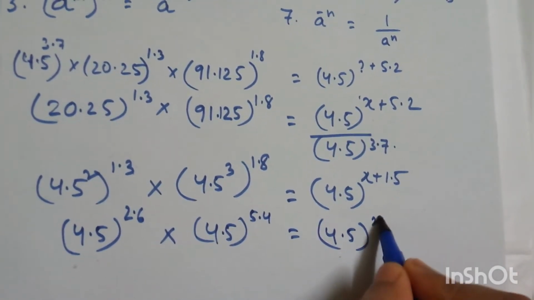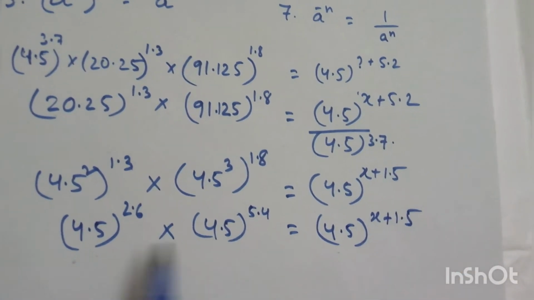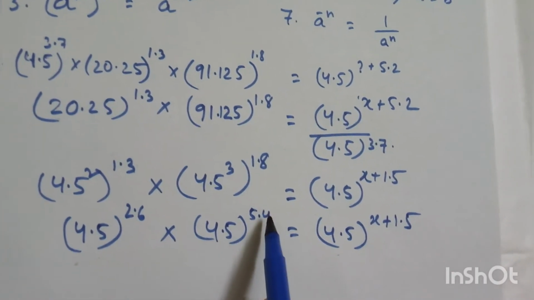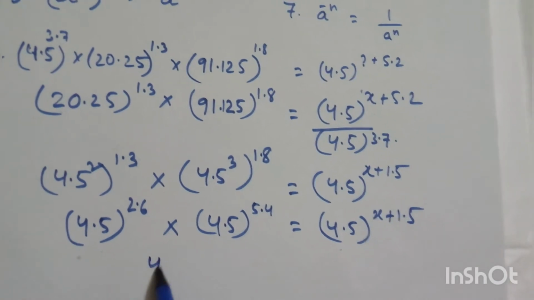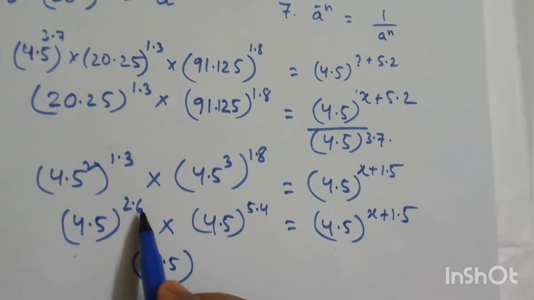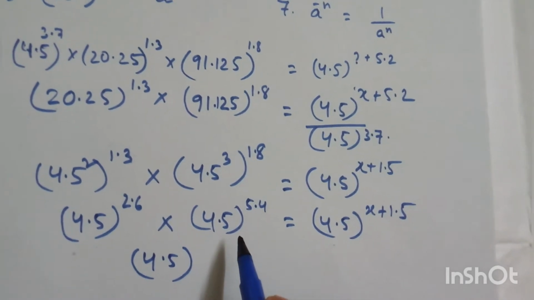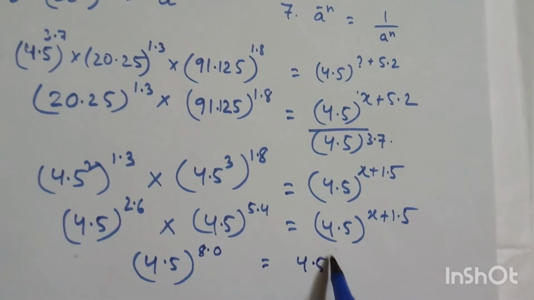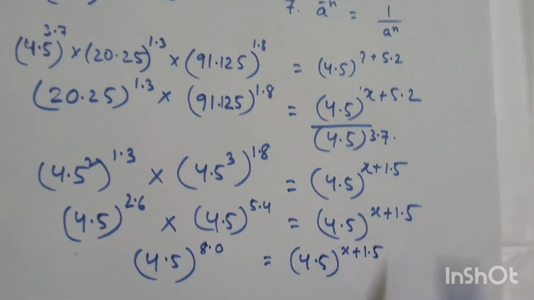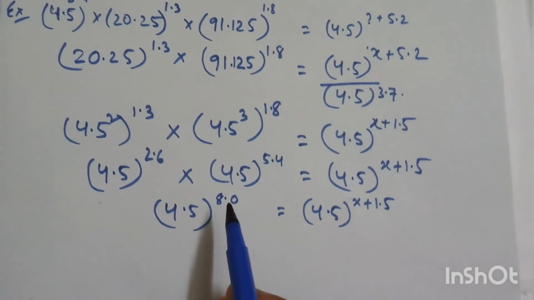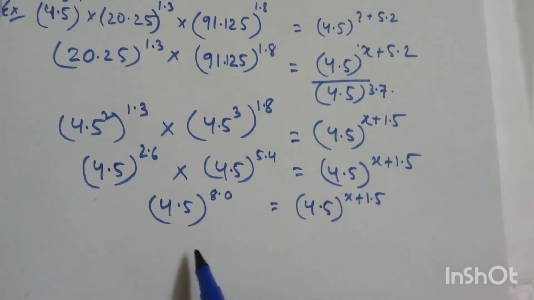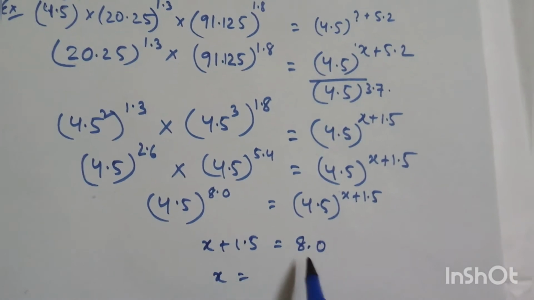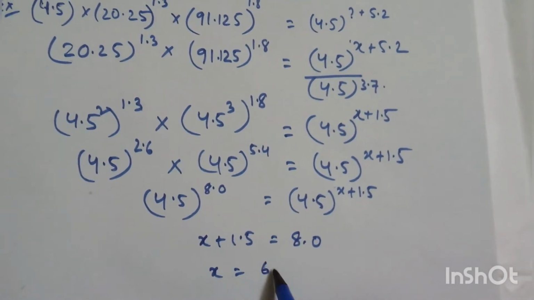So here you can see the base is almost the same, and when a to the power m into a to the power n, we can write here 4.5 to the power 2.6 plus 5.4. We get here 8.0. You can see the base is the same, so the power will be the same. So x plus 1.5 equals 8.0, then x equals 8 minus 1.5, we will get 6.5.